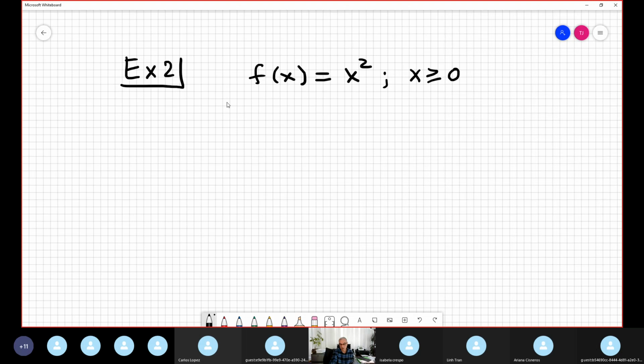Therefore, this function is a new one, not all real numbers. If you don't write any restriction, the supposition is you assume the domain is all real numbers, but in this case, no. I assume that the domain is only the positive numbers, including 0. Or another example, the negative. It doesn't matter. I need to select one. I select the positive because I like the positive, no? Okay, so now under this new condition, is it 1 to 1 or no?